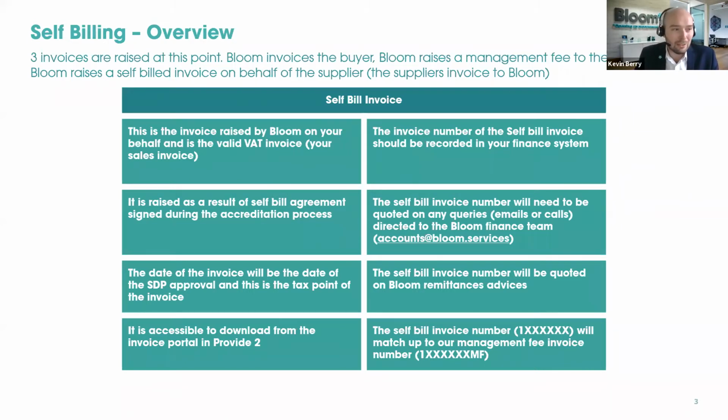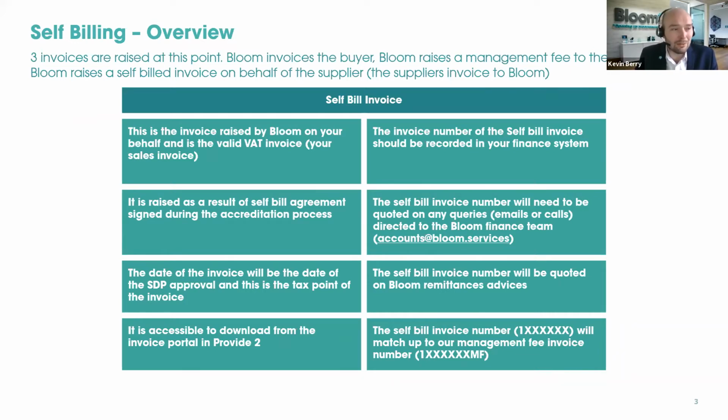And from my experience, and this is only my opinion, it's not formal advice, but that is what HMRC would expect to see. And quoting that self-billed invoice reference will dramatically reduce the amount of time it takes the Bloom finance team and the wider business across Bloom to respond to any queries you may have.